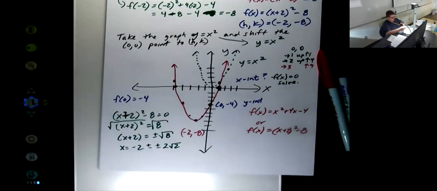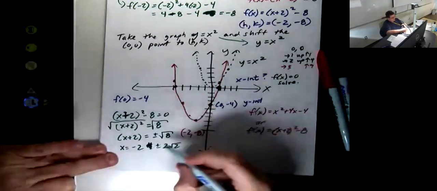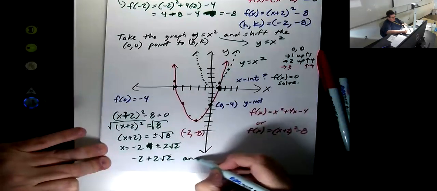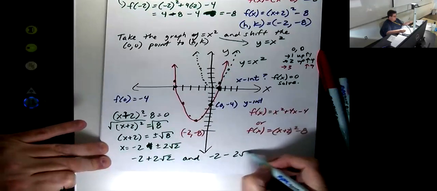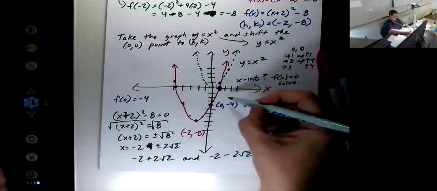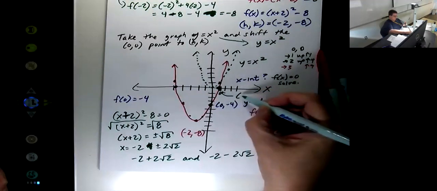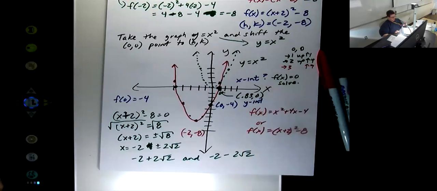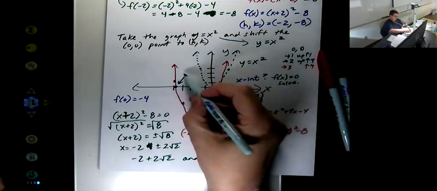Negative 2 plus 2 root 2 and negative 2 minus 2 root 2. So this value is 0.83, comma 0, just to the left of the 1 line. And this is negative 4.83.